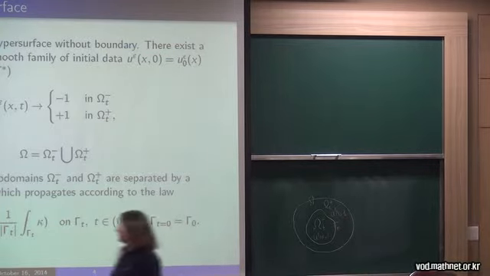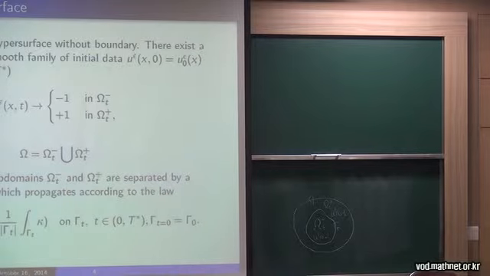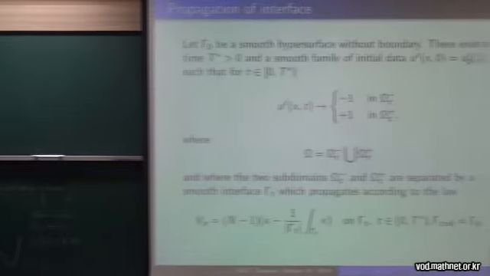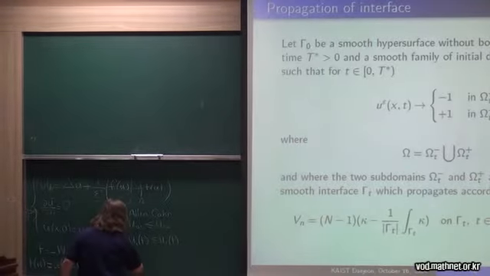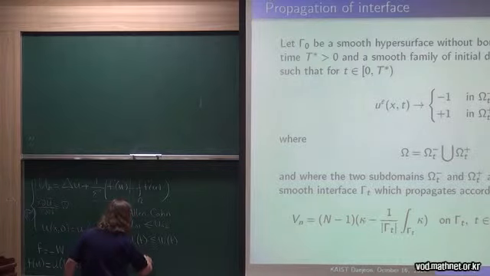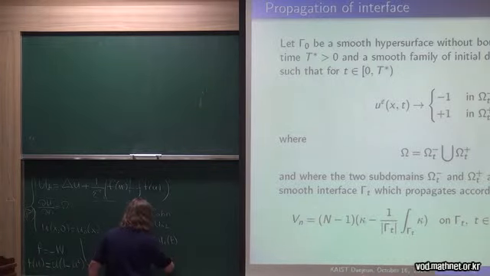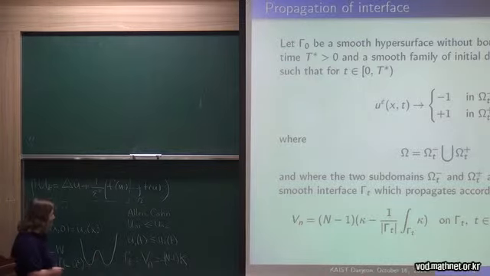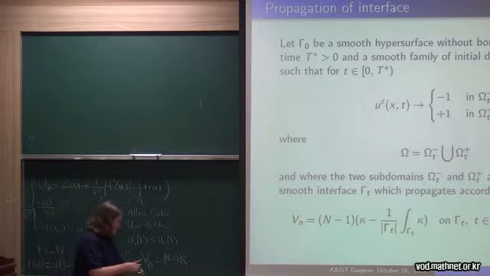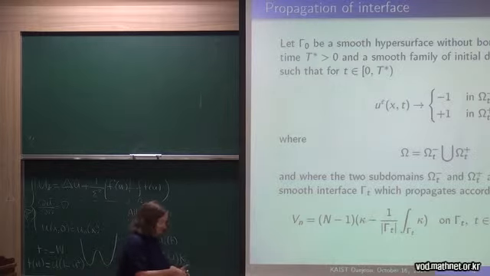So if you would have the standard Allen-Cahn equation, the answer would be that gamma t displaces itself by motion by mean curvature. The normal velocity of displacement of the interface is equal to its mean curvature. And it has been, as I told you before, very much studied.